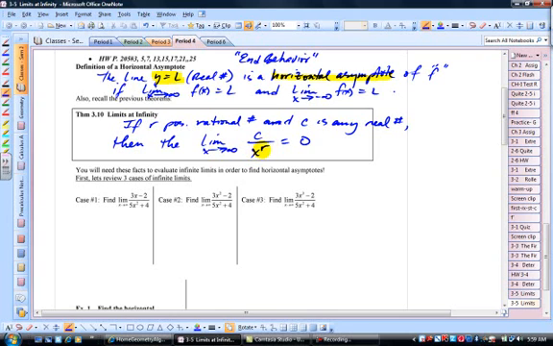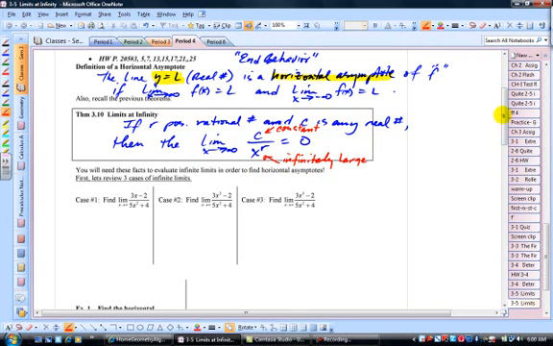So as x increases, x to the r increases. If you take a constant divided by an infinitely large number, the size of the fraction gets infinitely small. And if it's getting infinitely small, it's approaching 0.